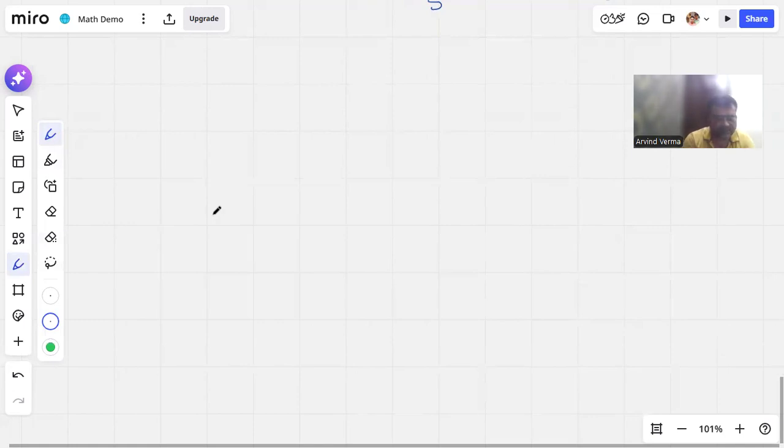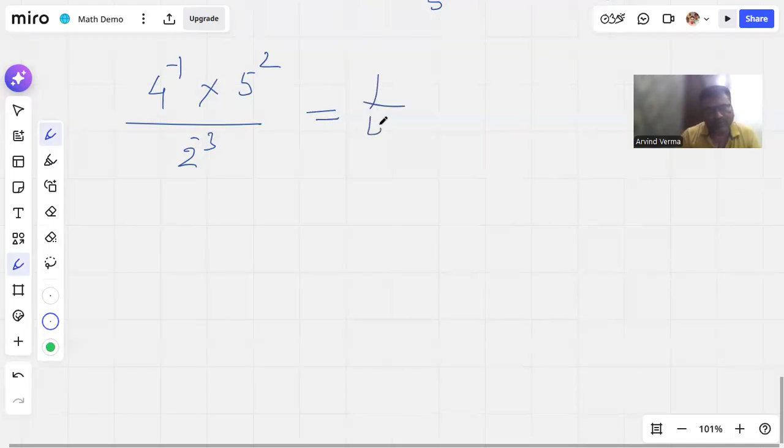Now let's take another example. 4 raised to the power minus 1 into 5 square upon 2 raised to the power minus 3. So 4 raised to the power minus 1 is 1 upon 4. We know 5 square is 25.